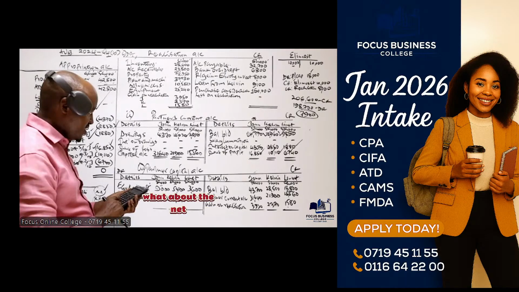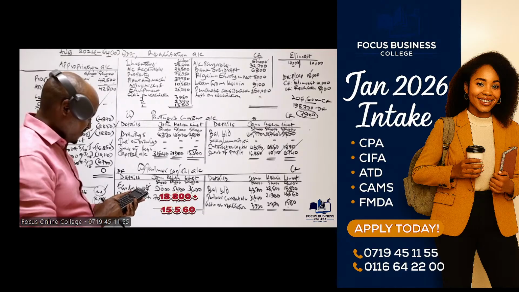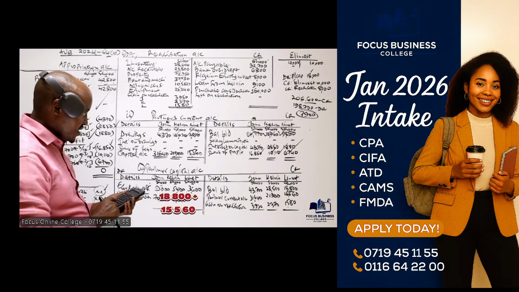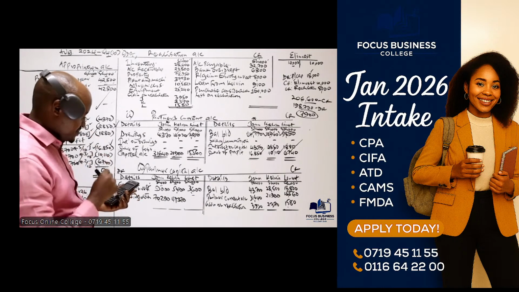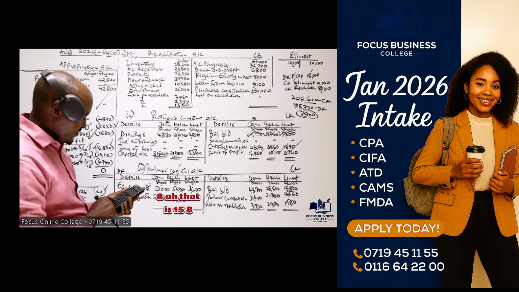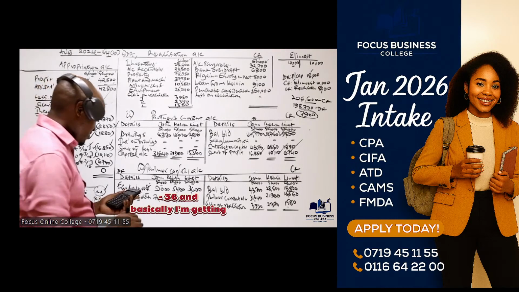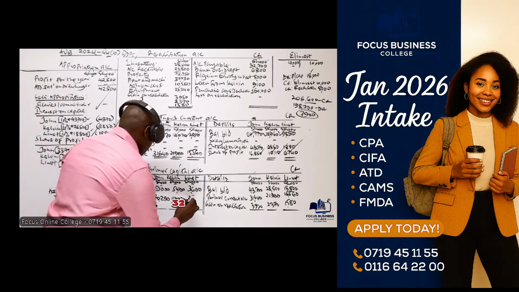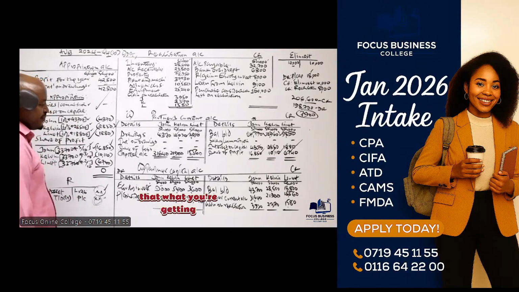What about the net? 18,800 plus 15,560 plus 1850. That is 1580 minus 36. And I'm getting 32,340. 32,340. Is that what you're getting?